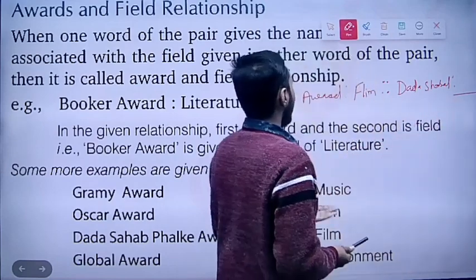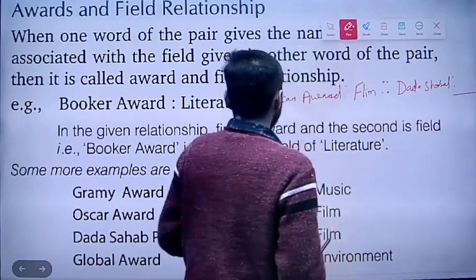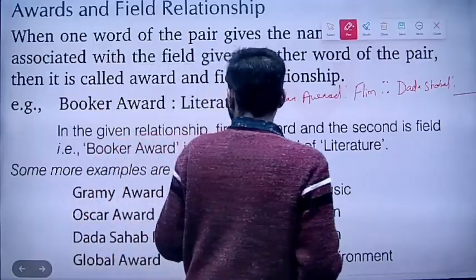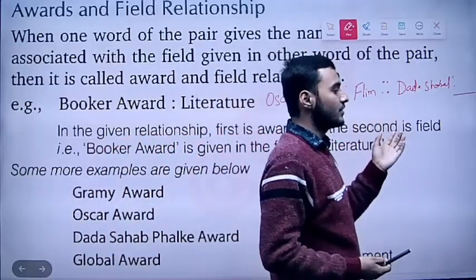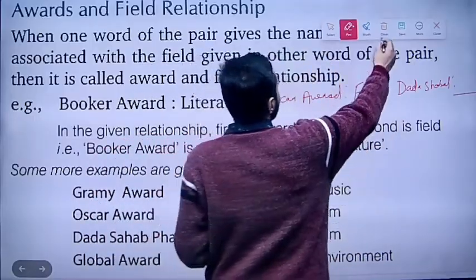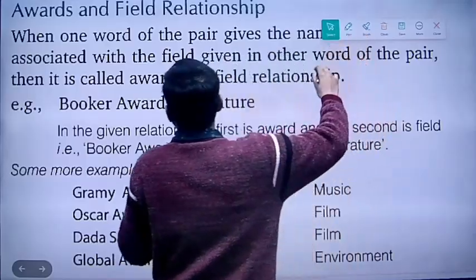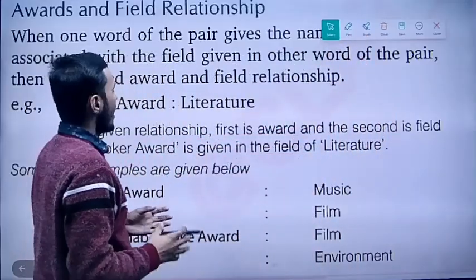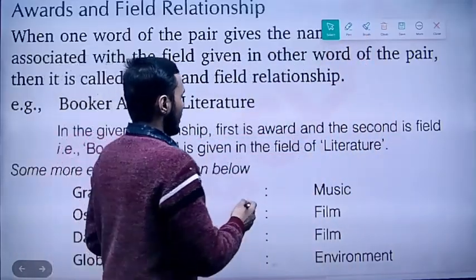Or instead of Dada Saheb Phalke we can also use Grammy awards. So what relationship are we finding? The relationship in this type of question is that you have to find awards and their field relationship.